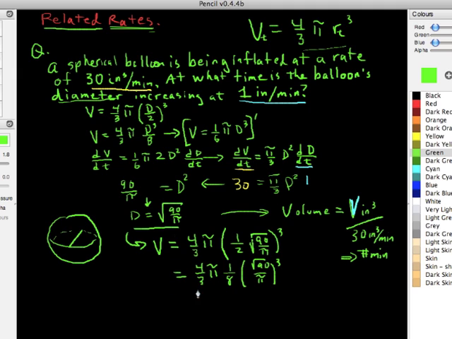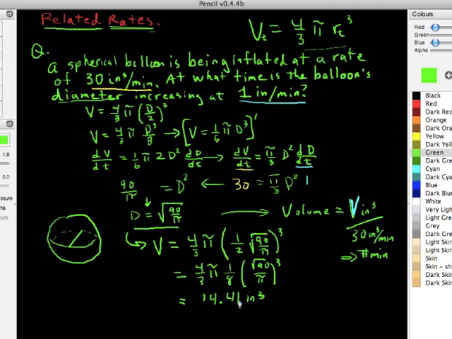This is going to give us our volume at that particular time, and I am going to go to my calculator at this point. So the volume at that time is equal to 14.41 cubic inches.